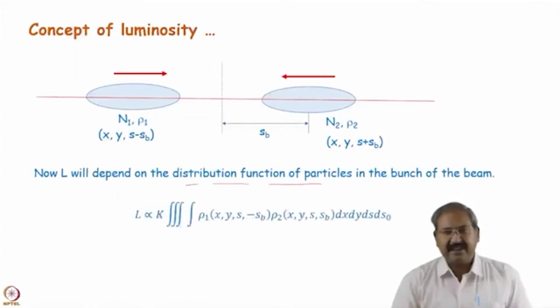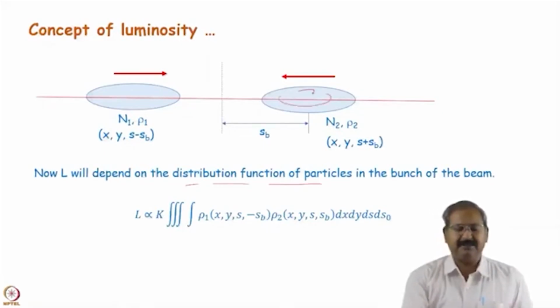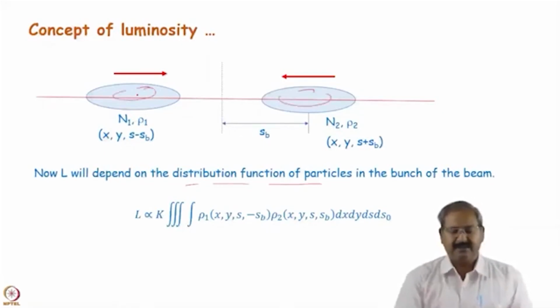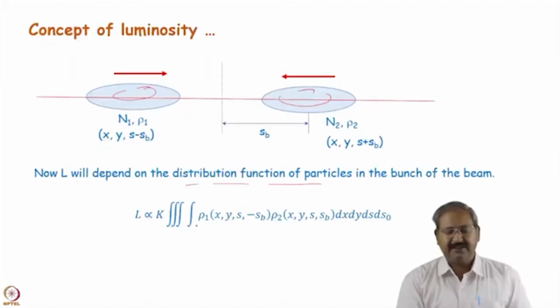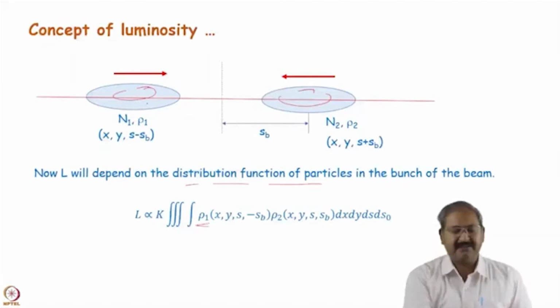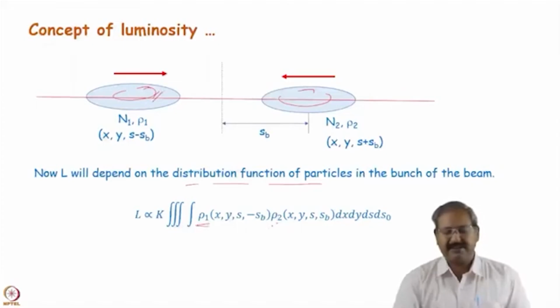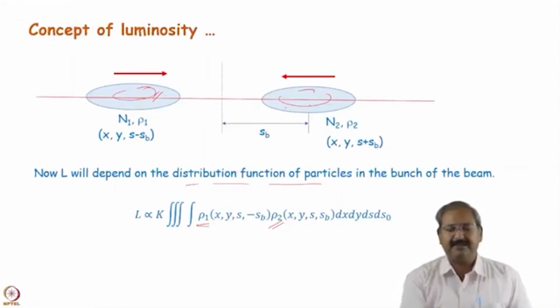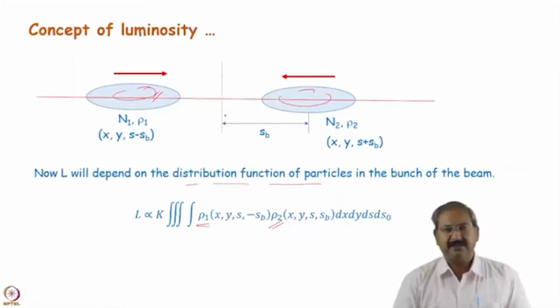So we can obtain, as in the previous line, the total overlap integral of these two bunches. What is the overlap integral? It will be according to density. What is the density of the first bunch? What is the density of the second bunch? And we can integrate over x, y, z and t because these are moving bunches. So we have to integrate over time also.